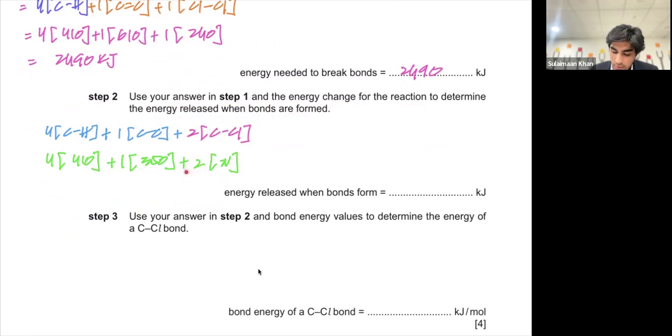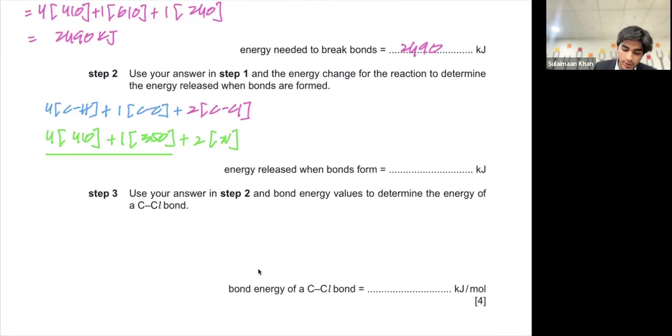Now look at this. It's 2 times X, but you don't know what X is, right? I don't have the value of 2X.